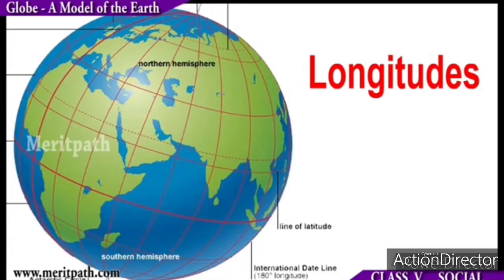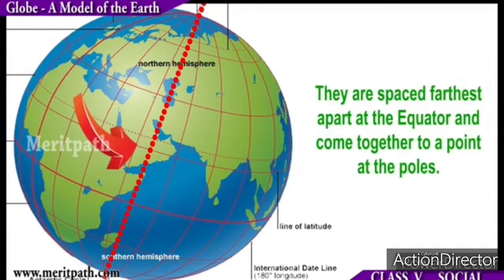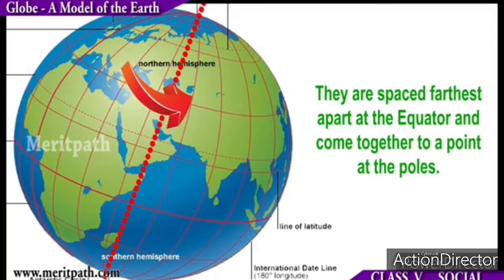Whereas the semicircle lines that run from north to south are called longitudes. The 0 degree longitude is called the prime meridian, which divides the earth into two halves, the eastern half and the western half.